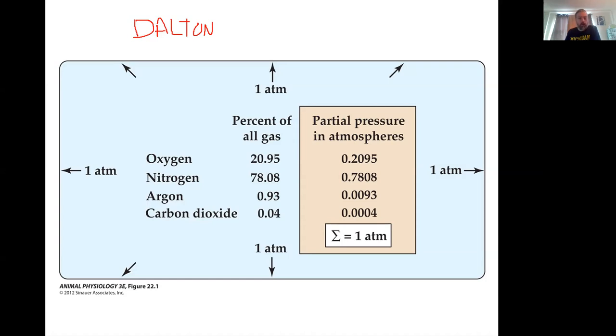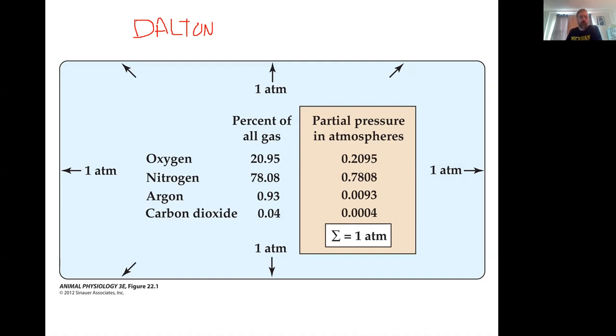Within atmospheric air, certain gases are more prevalent than others. For example, nitrogen is somewhere around 78, 79% of all of the gas in atmospheric air. Oxygen about 21%. Those of you who are math wizards will know that that is most of 100%, and so the remainder of gases are vanishingly small. But we can take these percentages and use them to calculate what pressure is exerted by each of those gases.